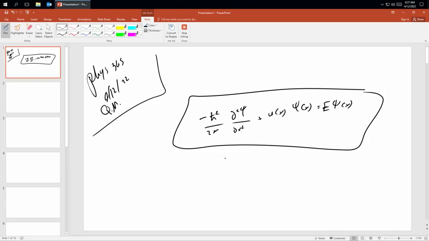And we said the solution of this gives us the shape of the wave at t equals 0.